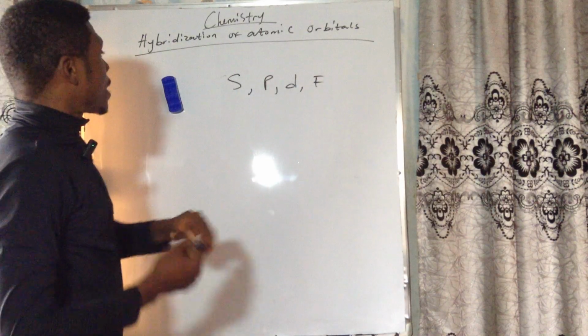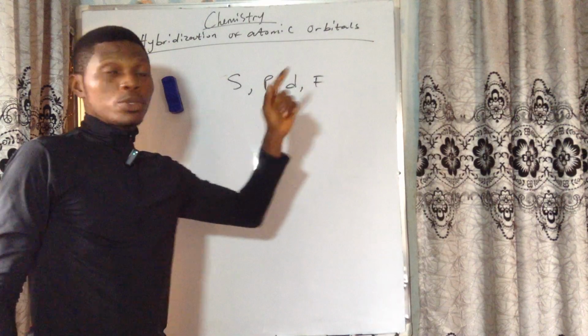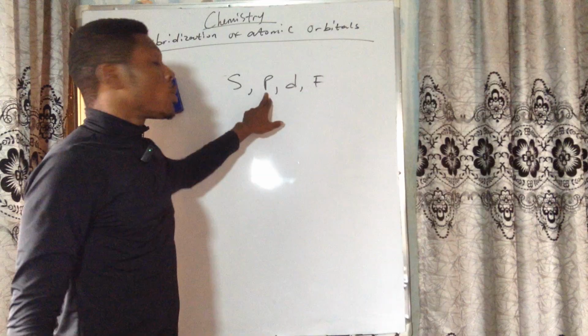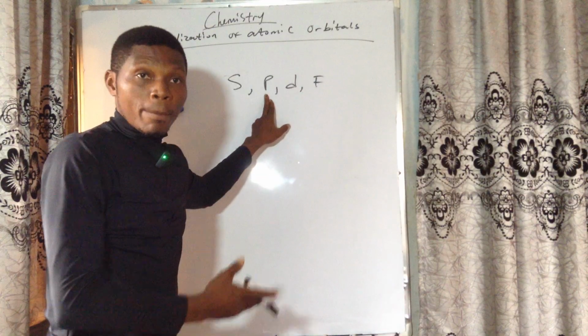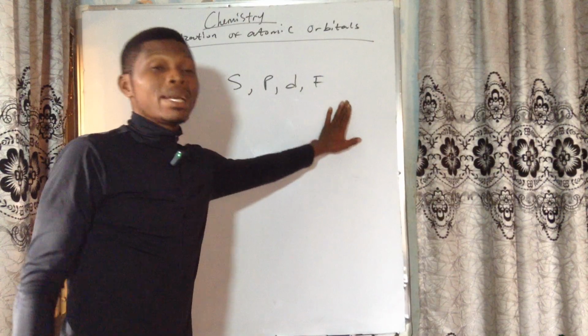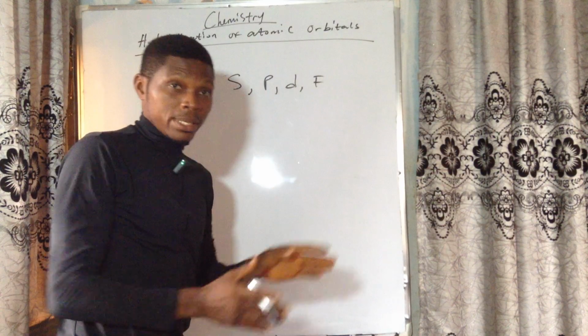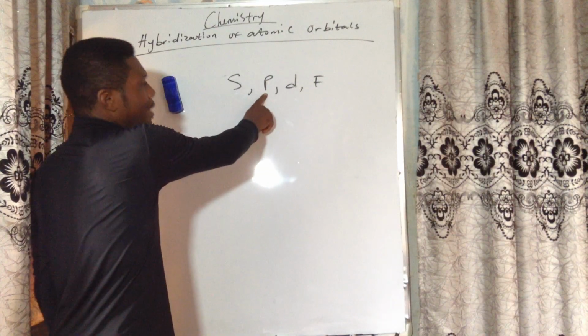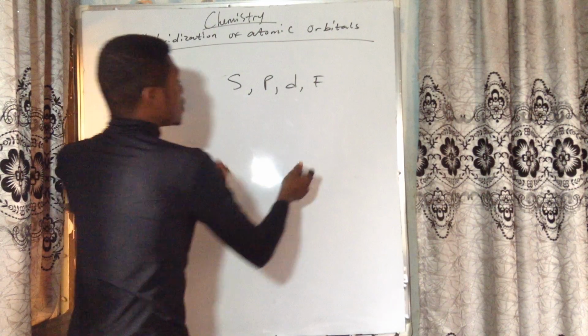These orbitals have shapes. The s orbital is spherical, the p orbital is dumbbell shaped, the d orbital is double dumbbell, and the f orbital has a complex shape. The p orbital has direction.